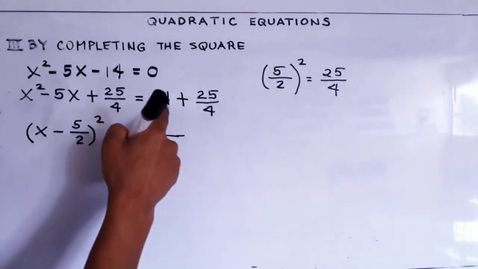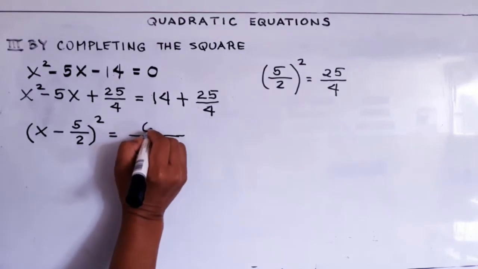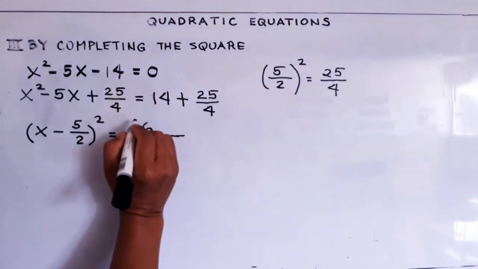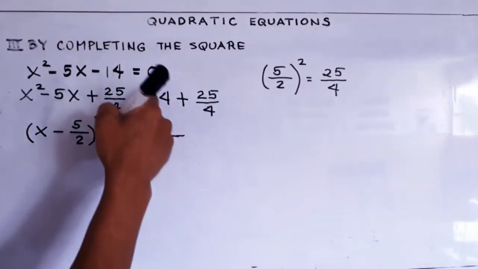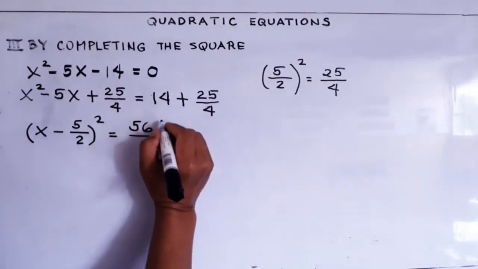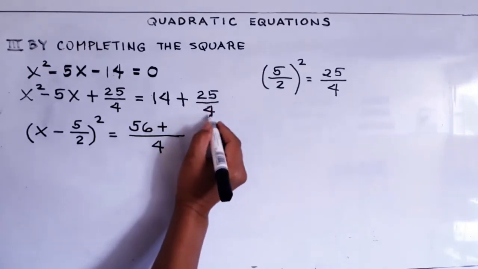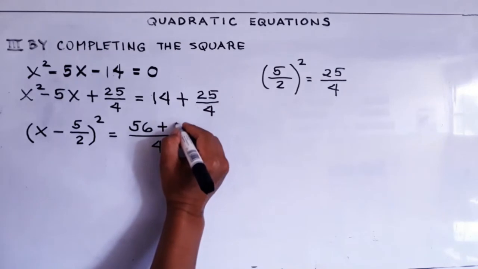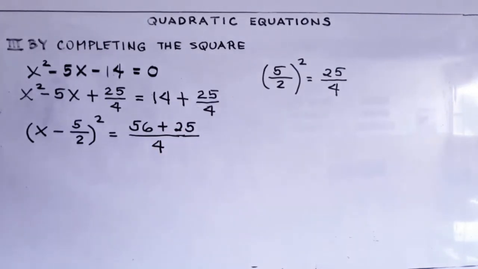So 4 times 14, 4 times 4, 16, carry 1, it's 56. Plus 4 over 4 is 1 times 25, it's 25. Okay.